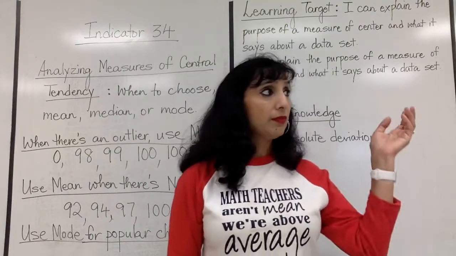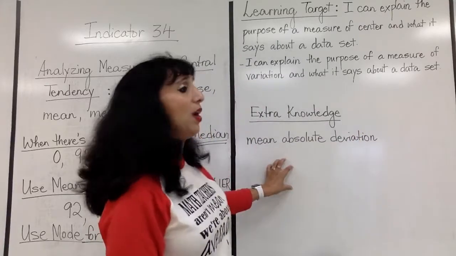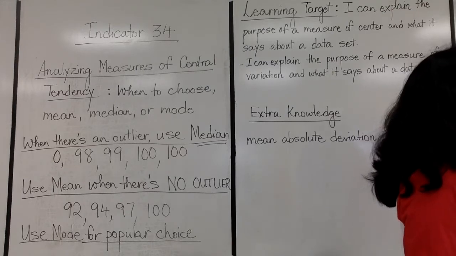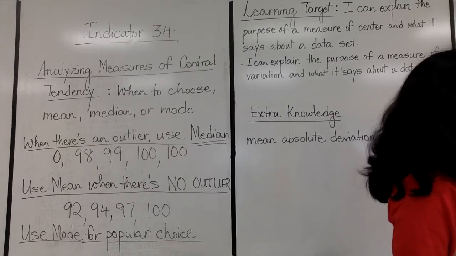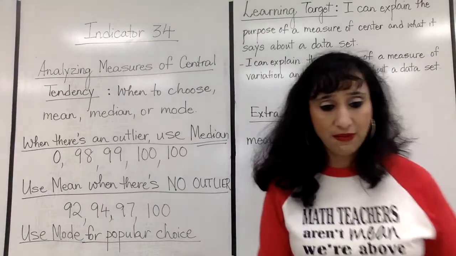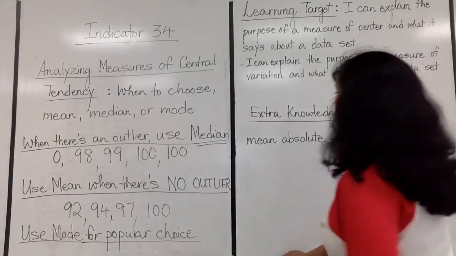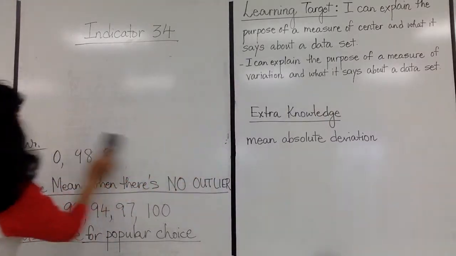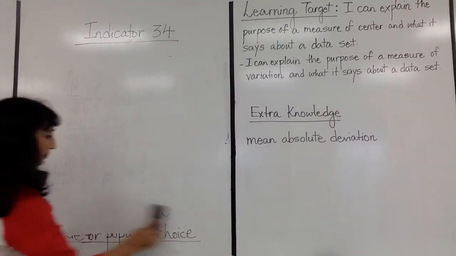And then you have analyzing data set, but let me go ahead and teach you something which is a little extra, but hey, you never know when you're going to see this problem. And I want you to understand what mean absolute deviation is. Okay, so let's say I give you a table.